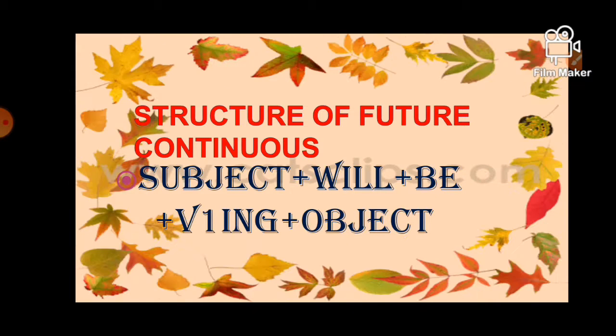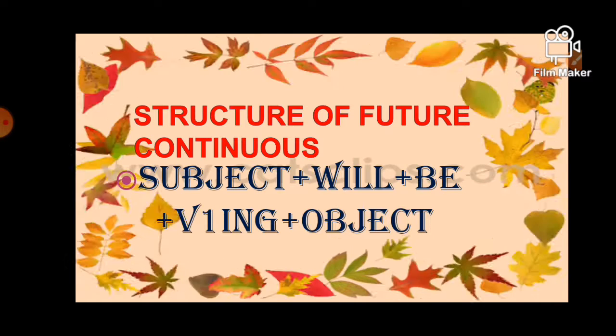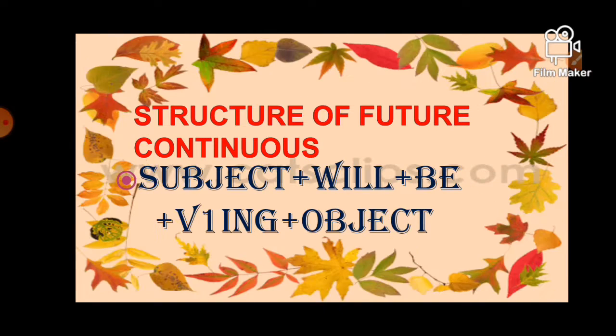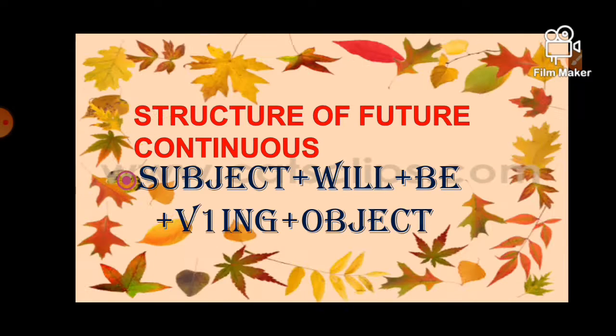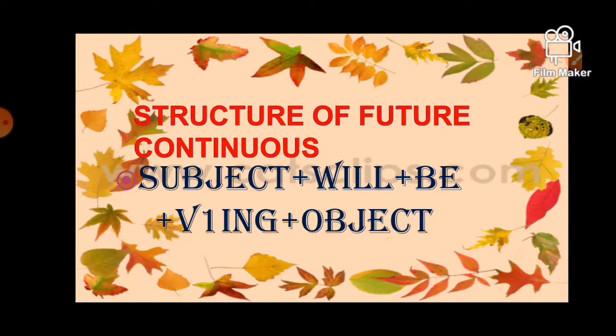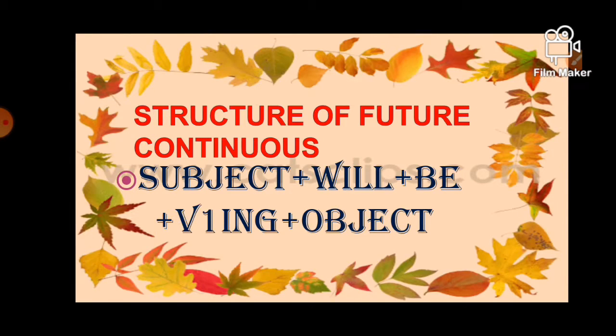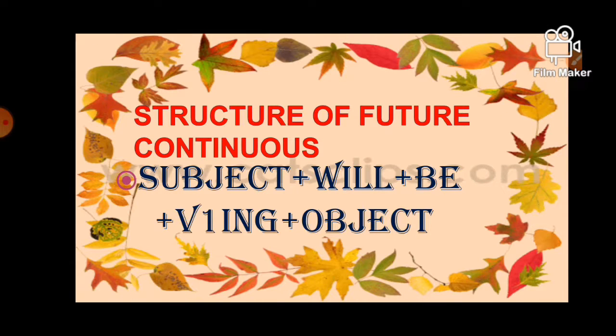So we cannot say I will going. Whenever we say I will go, it is will V1. That is why here in future continuous tense we have to use V1 ing, and that is why we put be here also. Be is a being verb. So subject plus will be plus V1 ing. For example, I will be writing a letter.